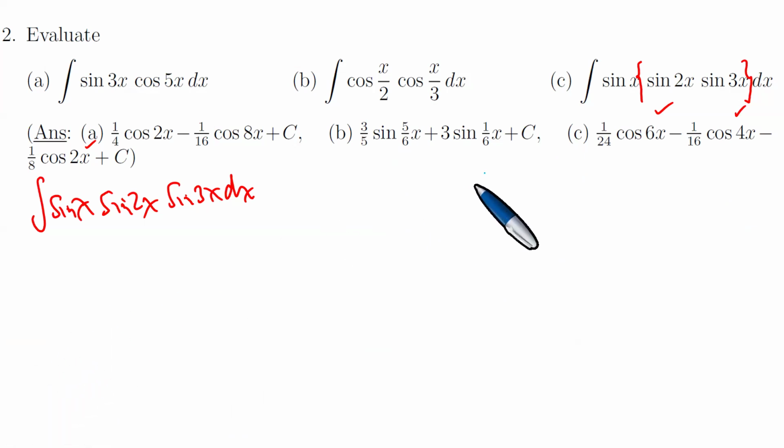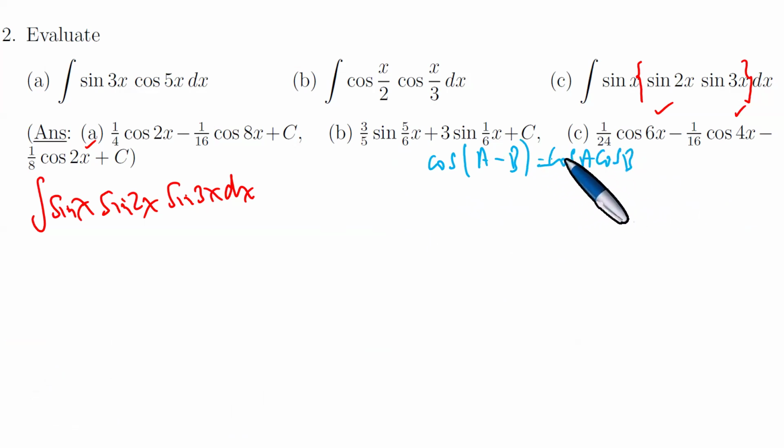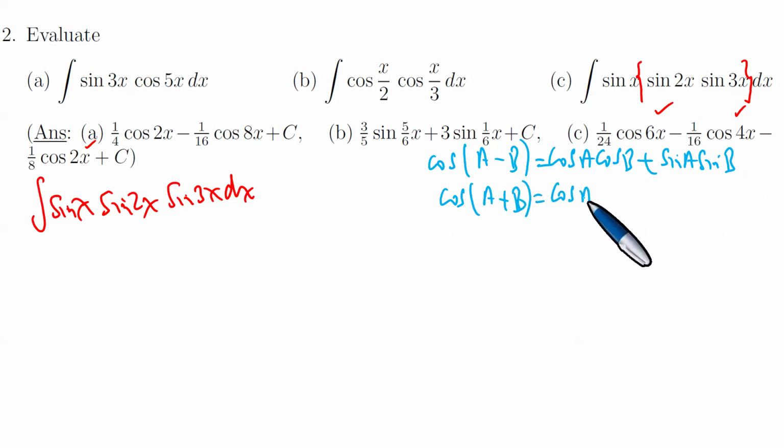So you would need cosine of A minus B, which is cosine A cosine B plus sine A sine B. And cosine of A plus B is cosine A cosine B minus sine A sine B.